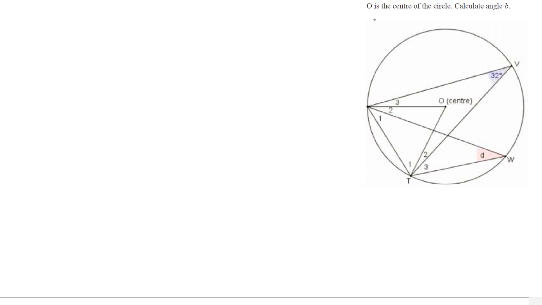Let's see this one. O is the center of the circle. Calculate angle B. And I think what the author meant is angle D. Okay, so this is the subtended angle. So this is double. So we have 64 degrees. And if I name this A, we have 80. So angle O has arc 80, as you can see there.